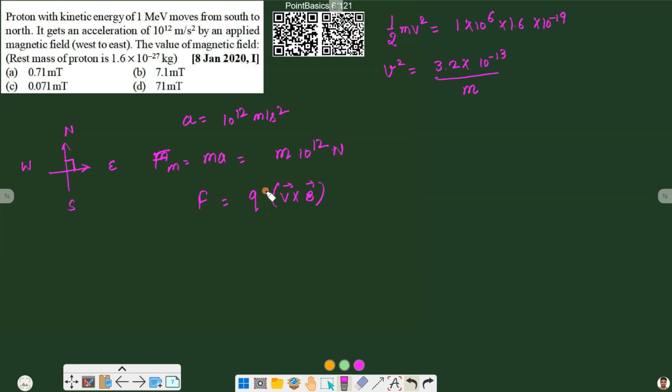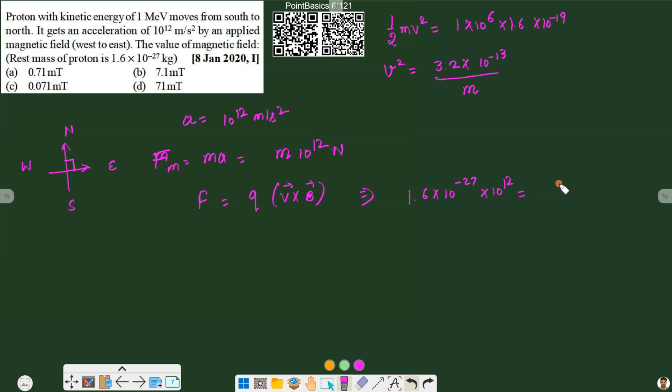So we have the charge q, we know, and a value of velocity we have, and mass is also given. So using these values, the force will be 1.67 into 10 raised to power minus 27 into 10 raised to power 12 is equal to q, that is charge.